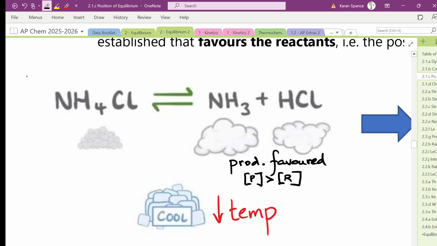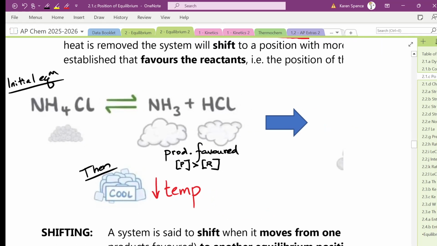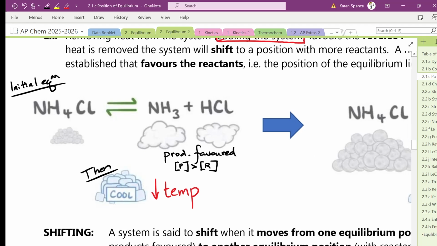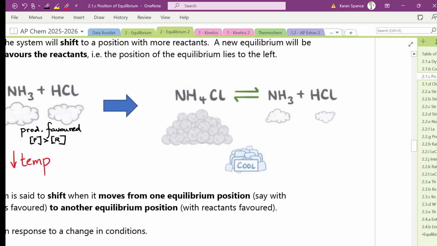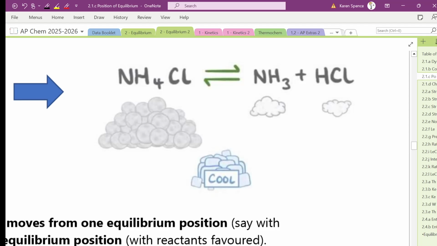Okay, so this is our initial equilibrium. Then we cool it. What happens to the position of the equilibrium after we've been cooled? It shifts to the left. Yep.